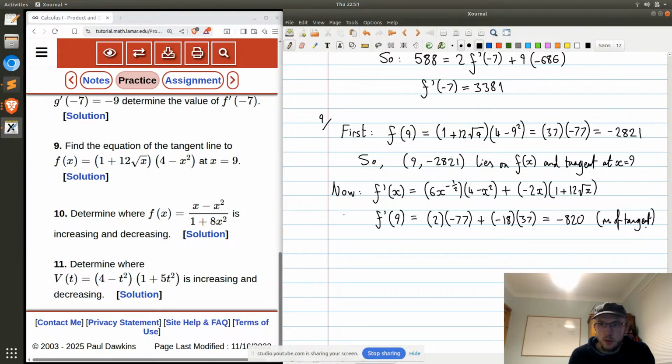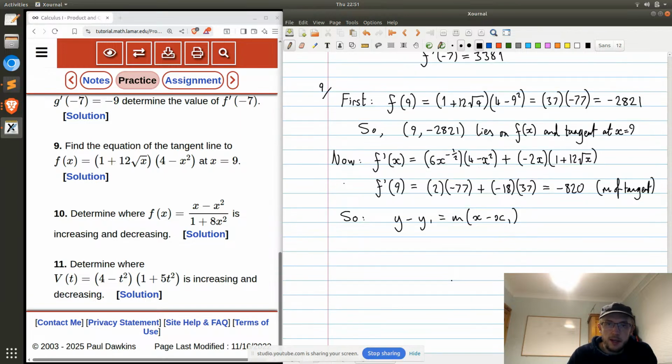M of tangent, or gradient of tangent, if you like. Y minus y1 equals m times x minus x1. And we apply it. So we say y plus 2821 equals minus 820 open brackets, x minus simply 9.